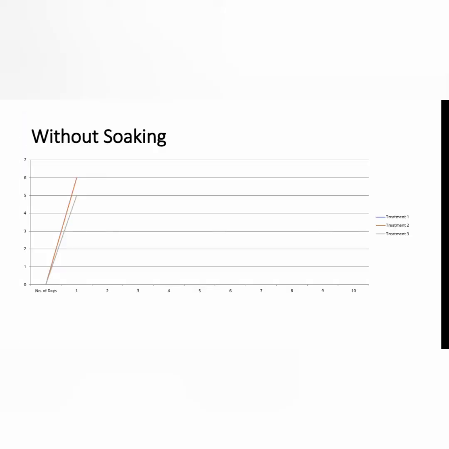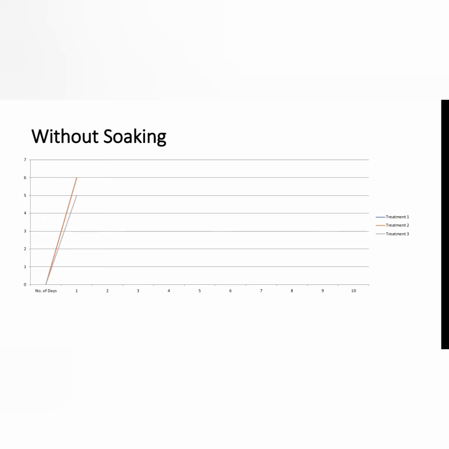But if we talk about succession, if we want fast, it shows here that treatment 3 is just 5 days if we use without soaking, and treatment 1 and treatment 2 have 6 days.